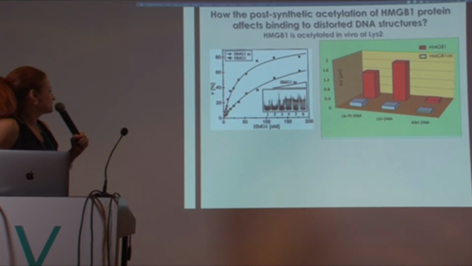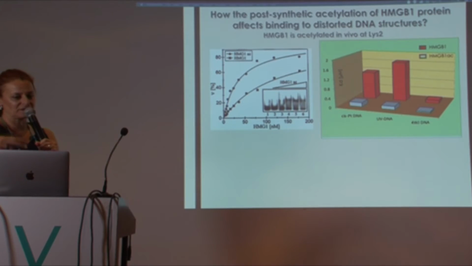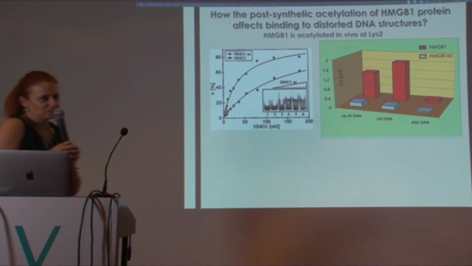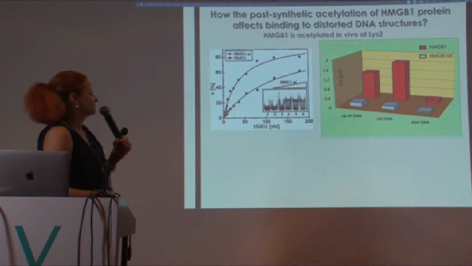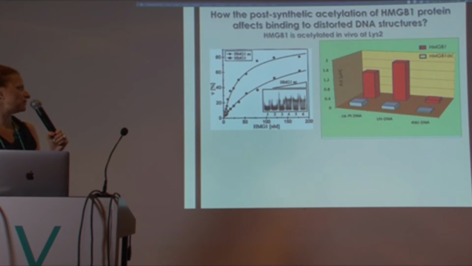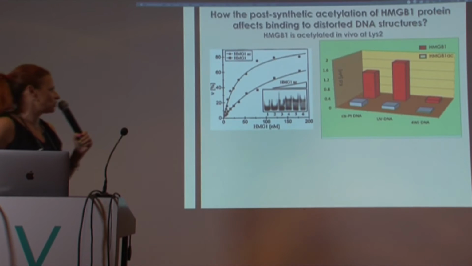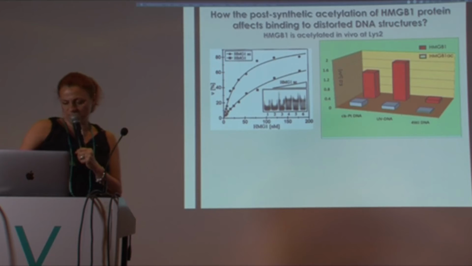So we started with, as I told you, HMGB1 has a great affinity to distorted DNA structures such as cisplatinated DNA, four-way junction DNA, or UV damaged DNA. And we discovered that post-synthetic acetylation of HMGB1 increased the affinity of the protein to all those structures.